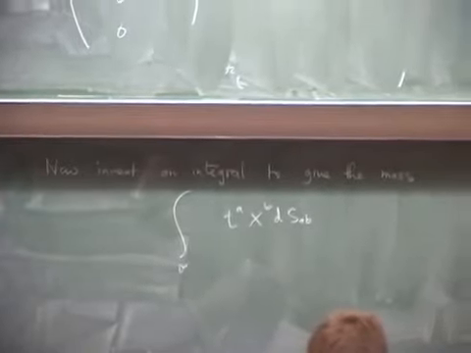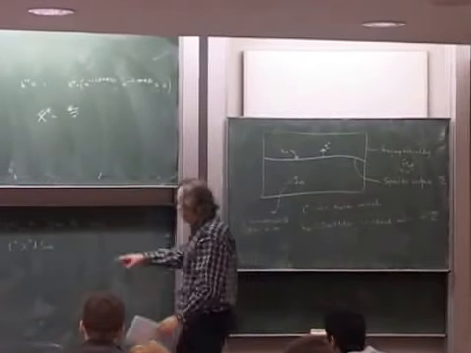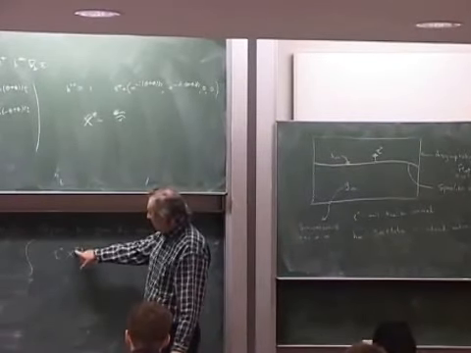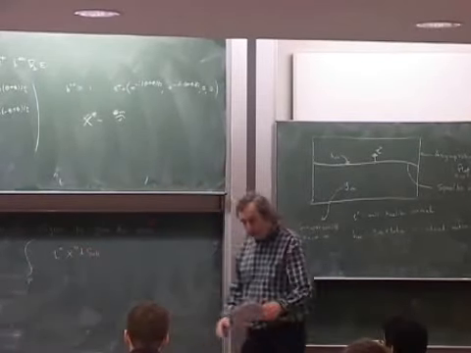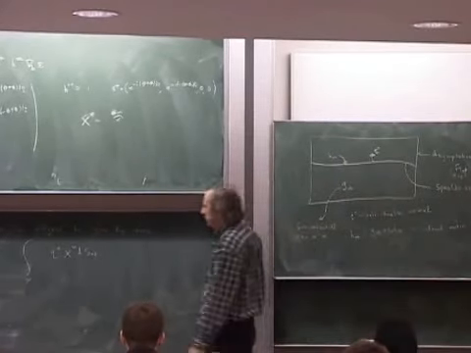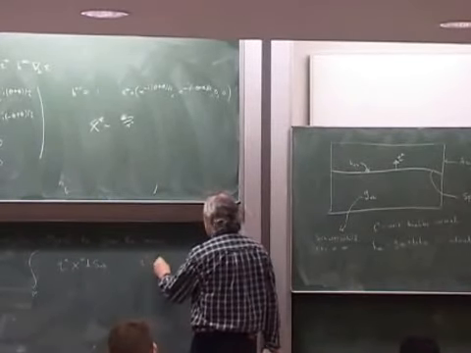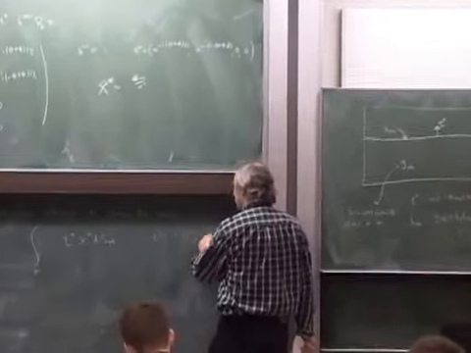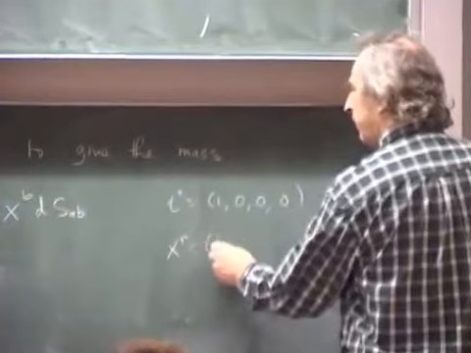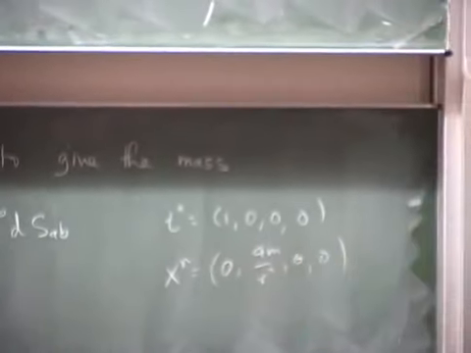Ta is, of course, the unit time-like vector out at infinity, so that this thing has a 0, so that means that that's a 0. This will have an r component, so you have to have ds 0r. So if you just calculate this object out near infinity, Ta looks like 1, 0, 0, 0. Xr, the only component that you're interested in, is 0, 4m over r squared, 0, 0, plus higher order stuff, I suppose.